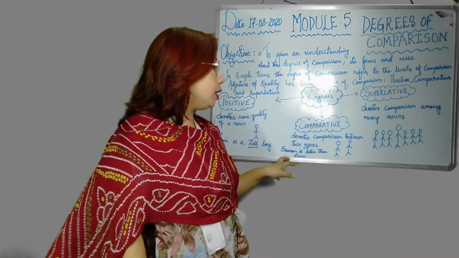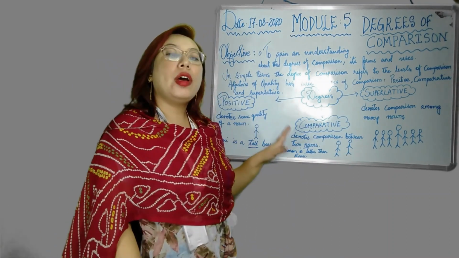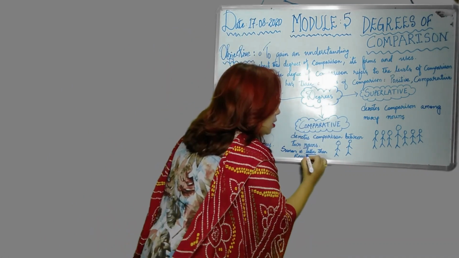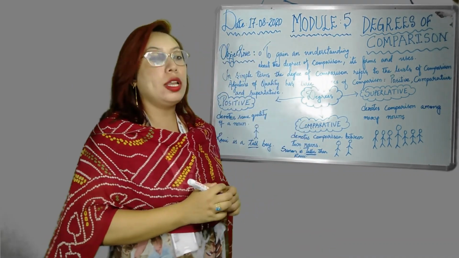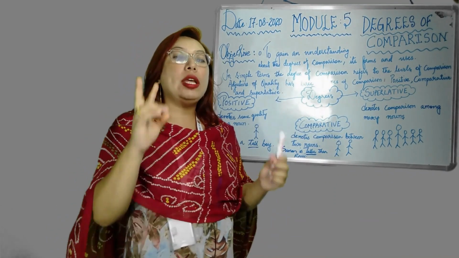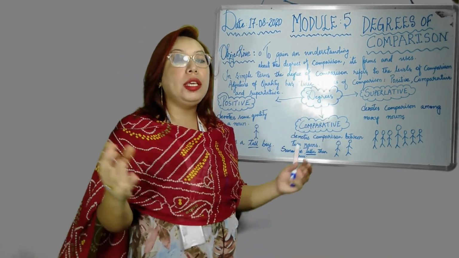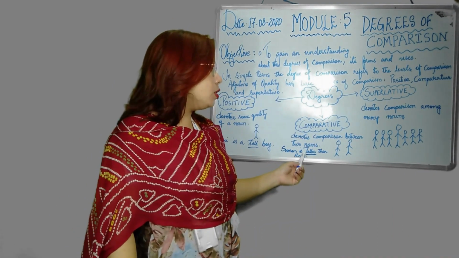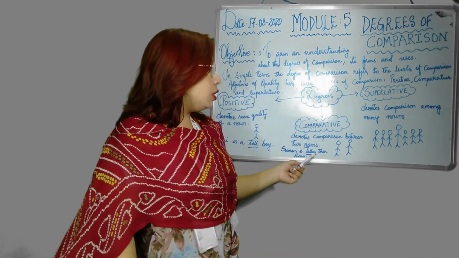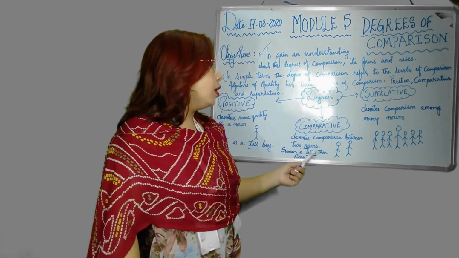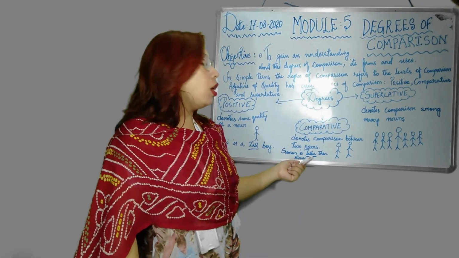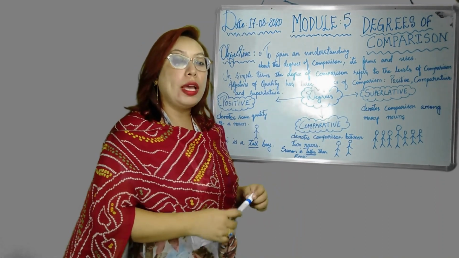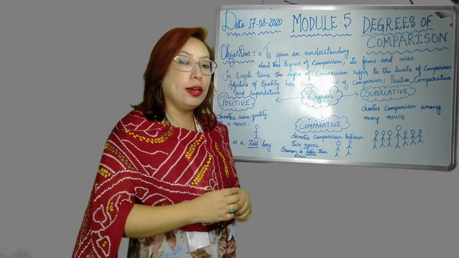So while comparing, I found that Suman is taller. This kind of degree is called the comparative degree, when two nouns are being compared. Now you can see here, Suman is taller than Ravi. So the word taller is under the comparative degree. Why? Because two nouns have been compared.